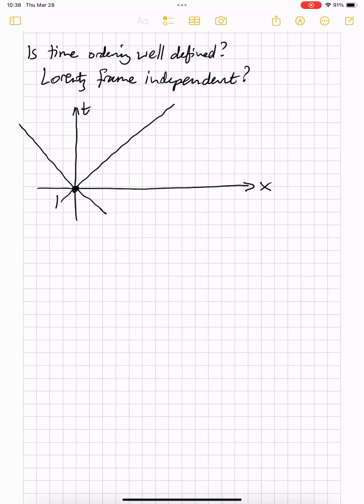And we're going to put the second event over here, too. So in this frame, if you say to me, what is the time order of the product phi of x1, phi of x2? Well, who's latest? That's t2. So this would be phi of x2, phi of x1.